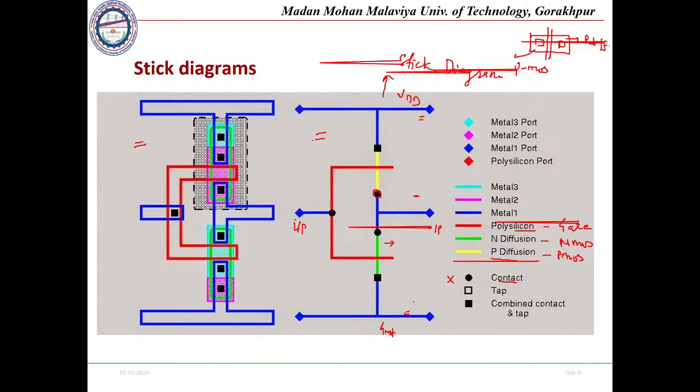This stick diagram will help us deposit different layers in layout designing, and it will simplify the layout designing, giving you a simpler form, so that we can have different placement of different transistors in that stick diagram, and after satisfying the different constraints in this stick diagram, we can proceed to the design of the actual layout.